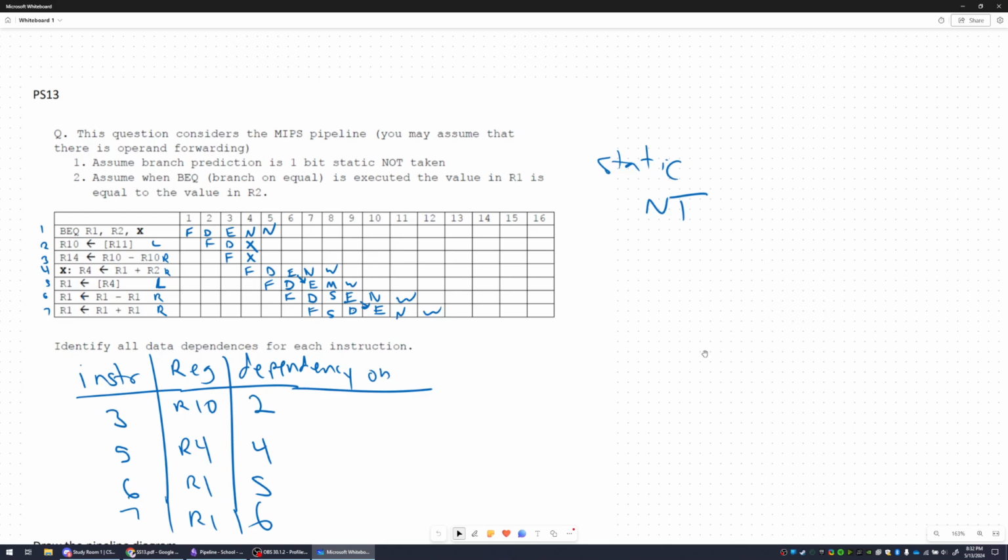Yeah, even though it's static not taken, he didn't mention that you have to stall until the branch is figured out. So the PC still updates by 4, so you still fetch the next instruction, the next 2 instructions actually. So it's really similar to having no branch prediction and static not taken. They're both similar, where you take just the next 2 lines underneath.